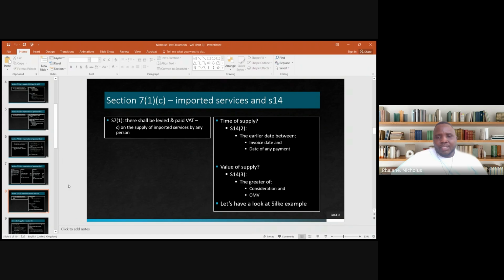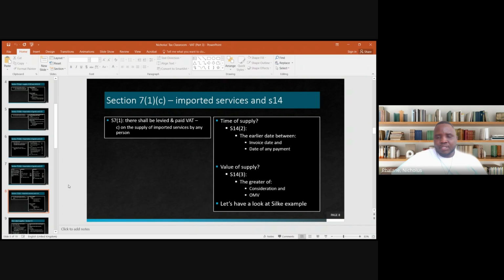We need to look at Section 14. In terms of Section 14(2), the time of supply is the earlier of the invoice date and the date of any payment. The value of supply is the greater of consideration and open market value. And then you can get a SILK example.